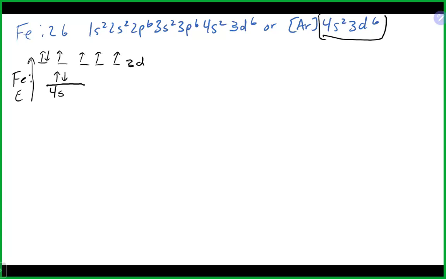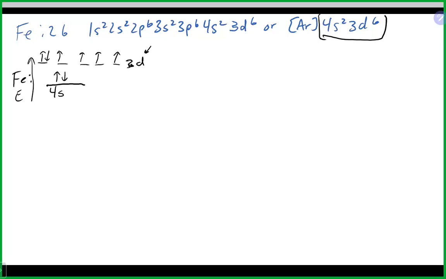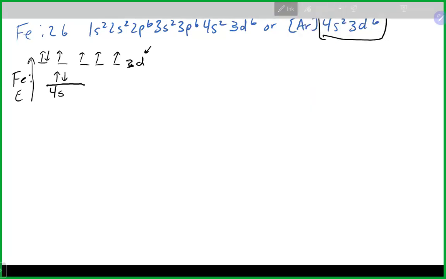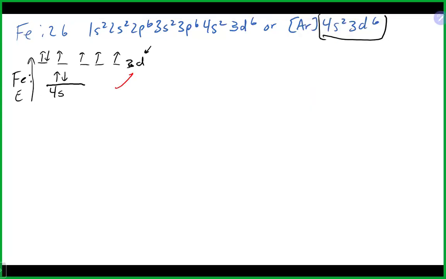And that's what neutral iron looks like as it's getting filled with electrons. Now, one of the interesting things that happens with these orbitals is that once you actually start to populate the d orbitals, there's a switch in energy that occurs. As you start filling in those d orbitals, the energy of these two subshells actually switch.